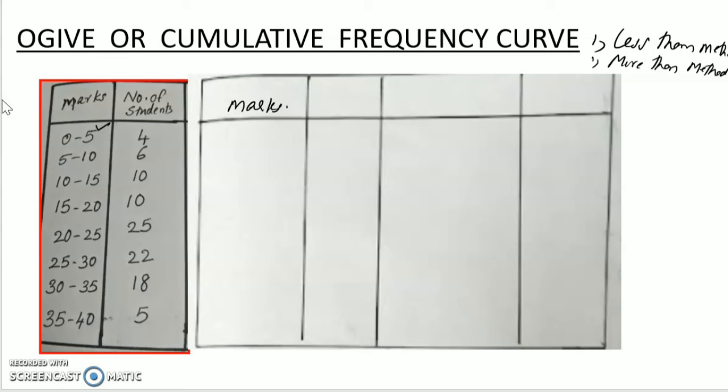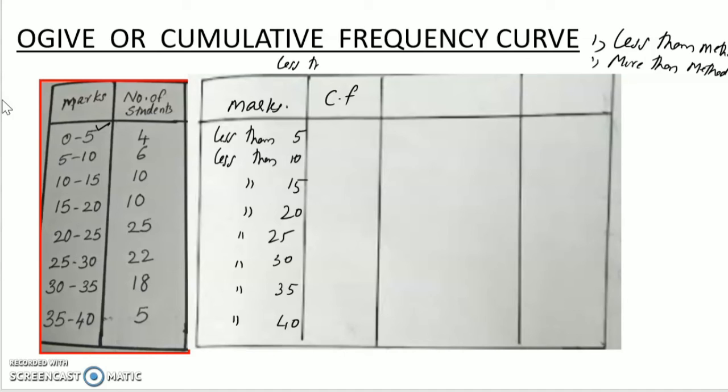In all cases we mark the upper limit, so I am writing less than 5, and the same way less than 10, less than 15, less than 20, less than 25, less than 30. Hope it's clear, don't be confused by this. Less than 40, and this is the cumulative frequency column in the less than method. This is the less than method.